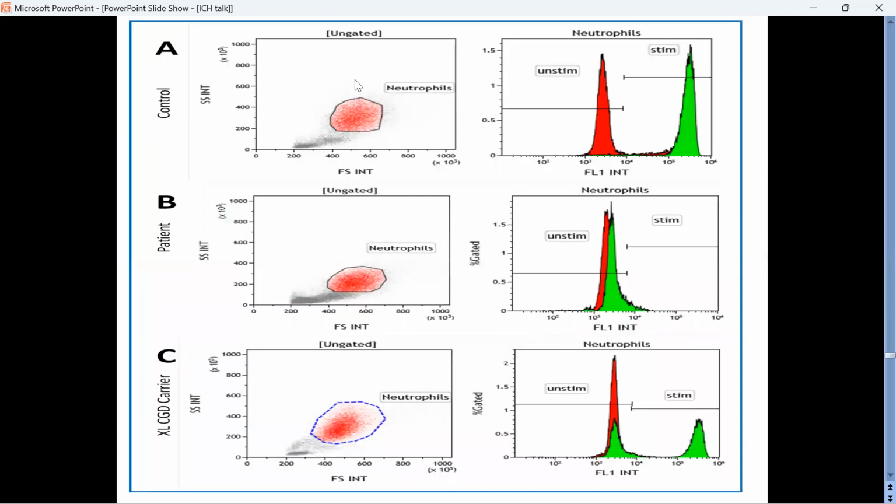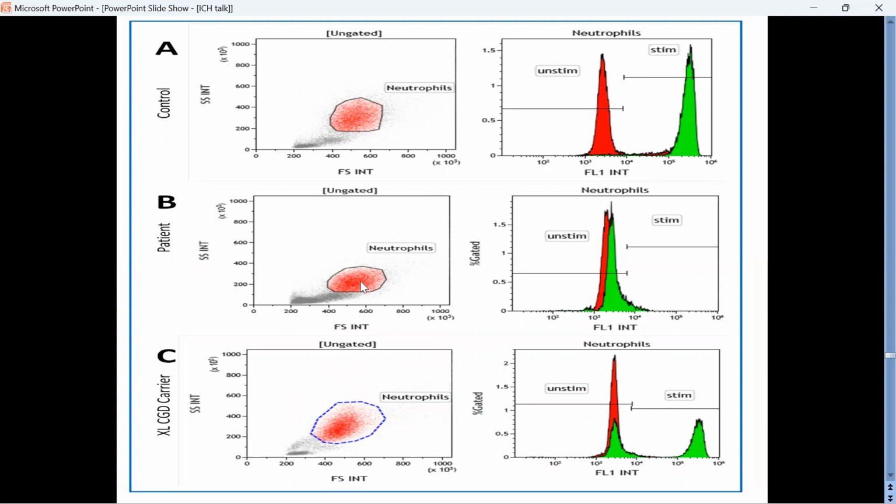Now this is a control where we gate the neutrophils because of their high side scatter. This is unstimulated neutrophils, that is, the neutrophils without PMA, and this is stimulated neutrophils, which are stimulated with PMA. You can find that the unstimulated neutrophils are not showing positivity to DHR, whereas the stimulated neutrophils are positive and showing signal for rhodamine 123, showing that the superoxide is generated.